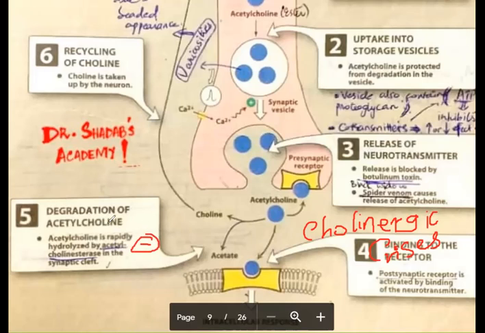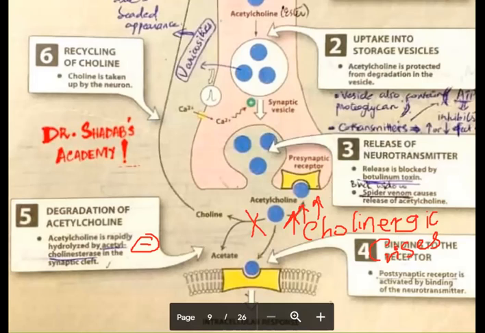When this enzyme is inhibited, the acetylcholine is not broken down, this process stops, and there is a lot more concentration of acetylcholine left in the synaptic cleft. This condition is called cholinergic crisis. So the patient undergoes enhanced cholinergic effects.